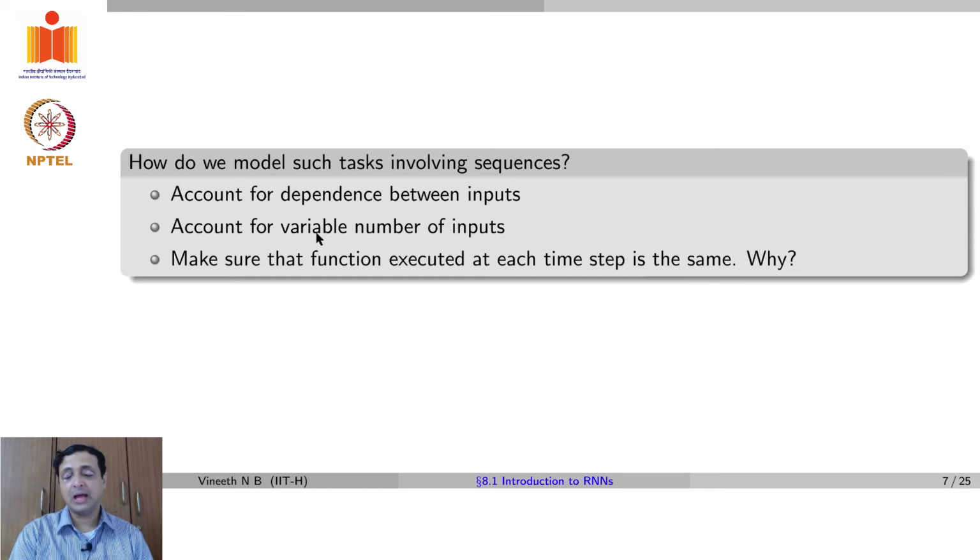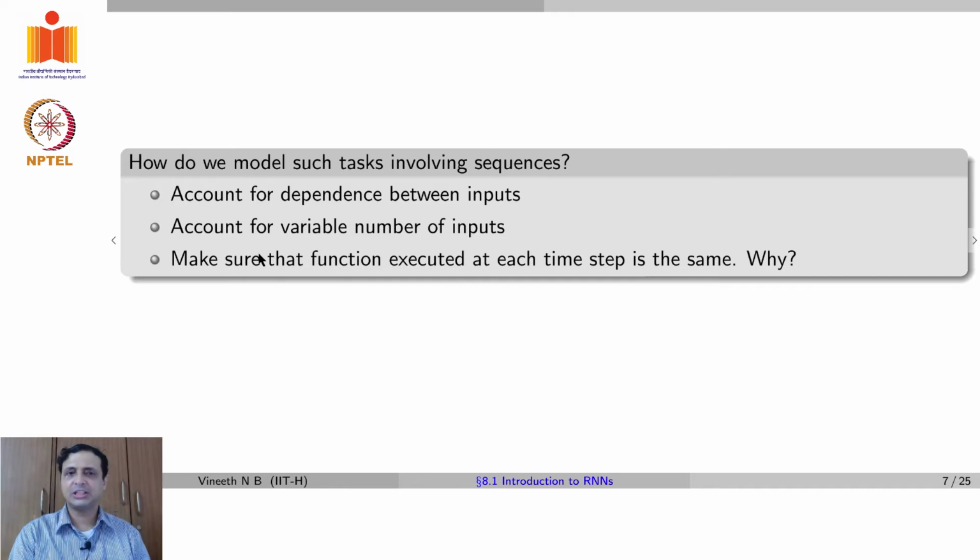If you take image captioning, it could be a variable number of inputs or a variable number of outputs. Given an image, you could have a caption which has 7 words. Given another image, you could have a caption which is 10 words. How do you allow a variable number of outputs, or similarly a variable number of inputs for another application?